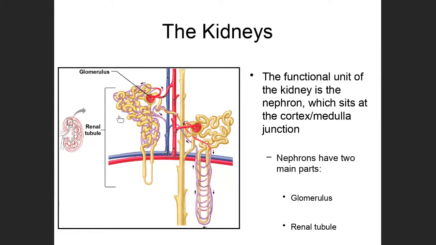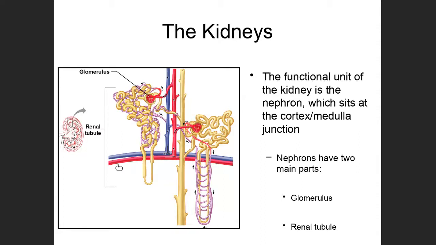And the nephrons are the functional unit of the kidney because they are the structures that are actually filtering the blood and from that producing urine. Each kidney has about 1 million of these nephrons located out in its cortex that are all working together at the same time to filter the blood of the body.